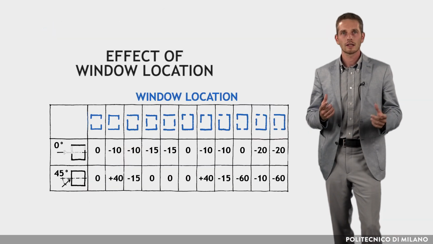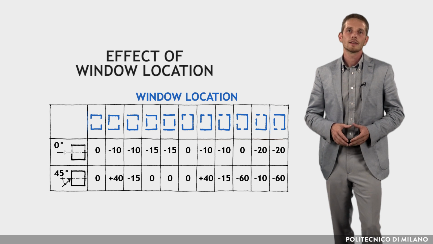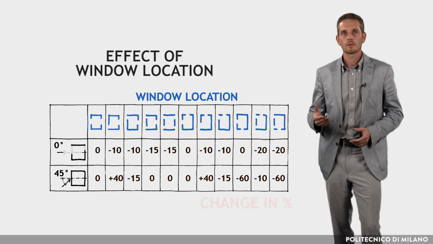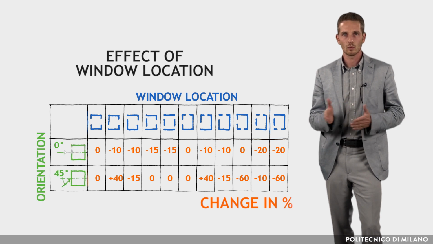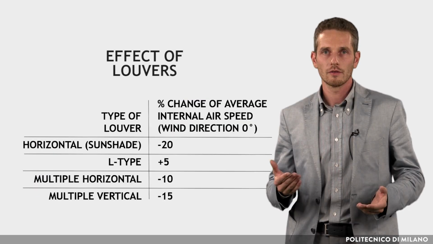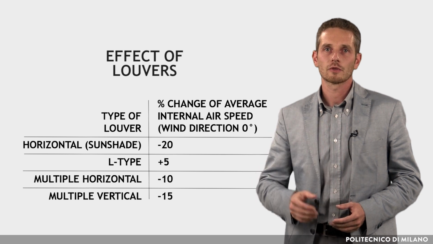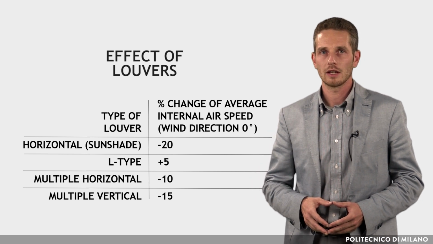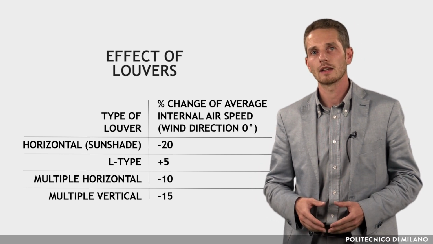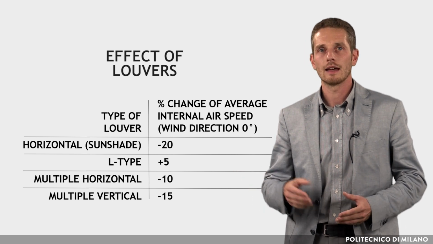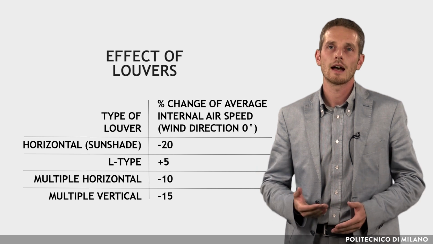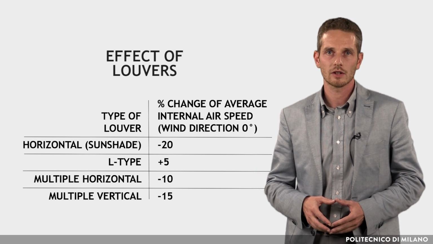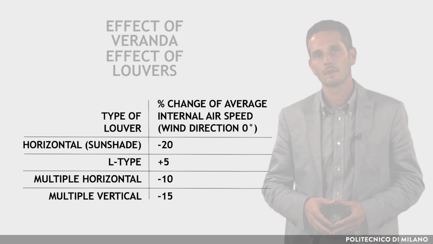For different relative locations of openings, the obtained value has to be properly corrected by the factors reported in the table according to the wind direction. Moreover, louvers used for protection against direct solar gains significantly affect the average indoor airspeed and the airstream pattern. So a further coefficient has to be applied to the average indoor air velocity.